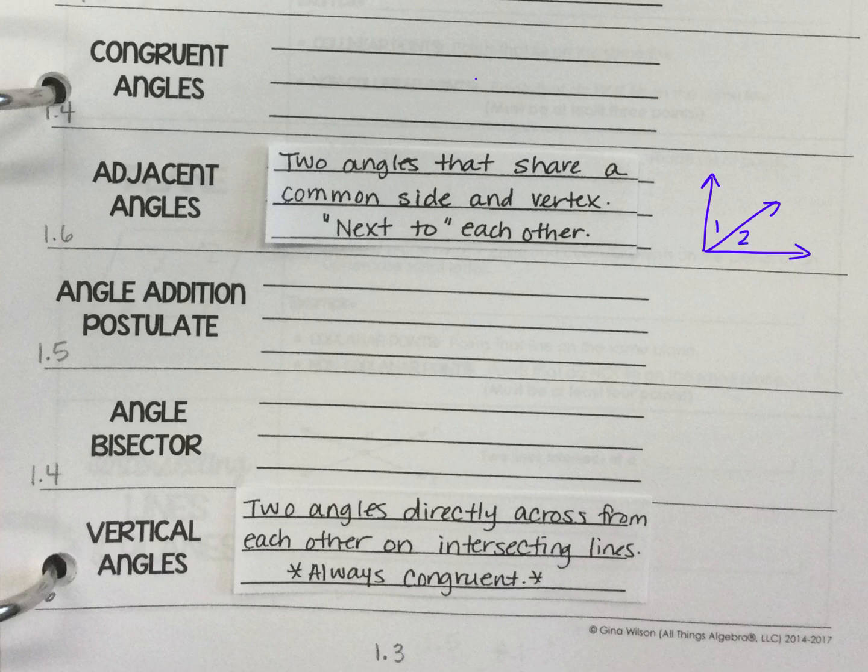Vertical angles are two angles directly across from each other on intersecting lines, and they're always congruent. So if I draw that, this, and that, I'm going to give it a 1 and a 2. So angle 1 is congruent to angle 2. Sorry, that's so messy. Flip over to the back side of the vocab.